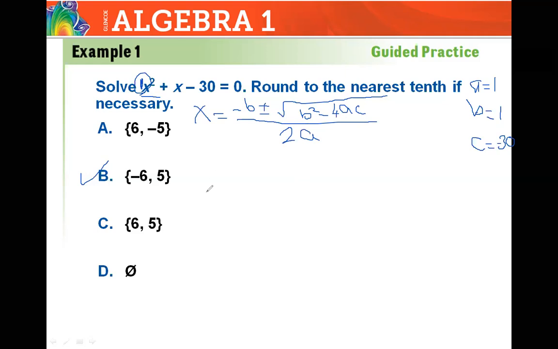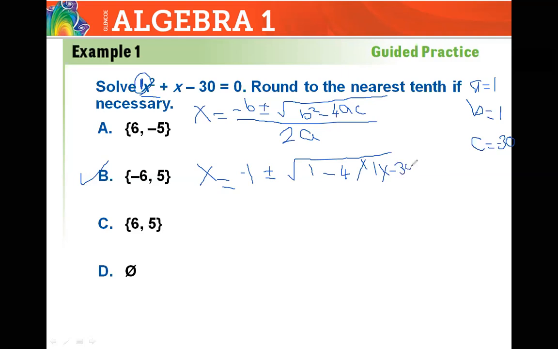Just substitute. x equals, yalla Hashim, negative B, it means negative 1, plus or minus the square root of B squared. 1 power 2 means 1. Minus 4 multiplied by A, which is 1, multiplied by C, which is negative 30.